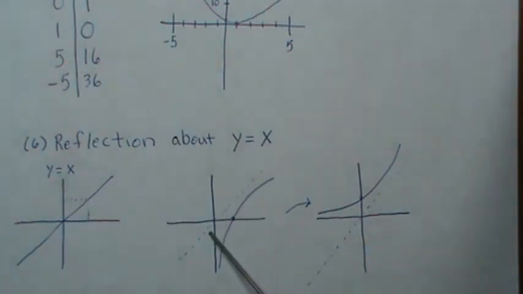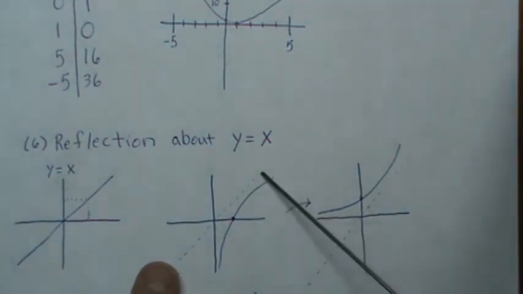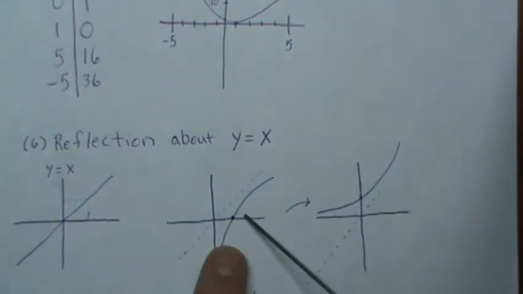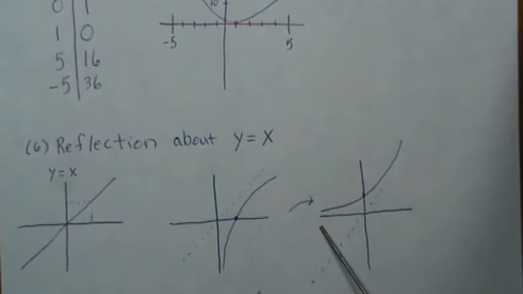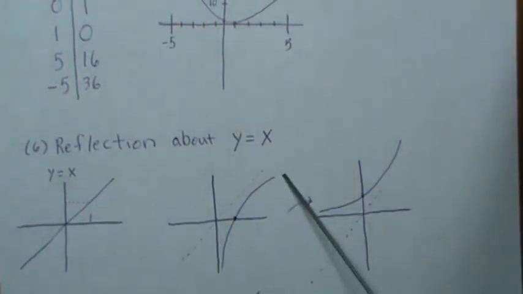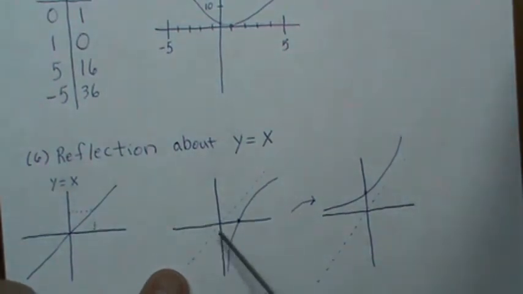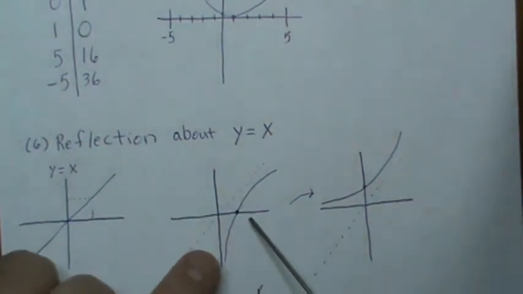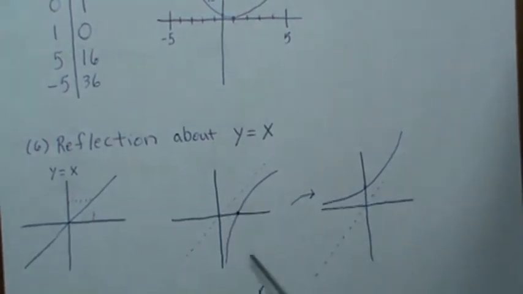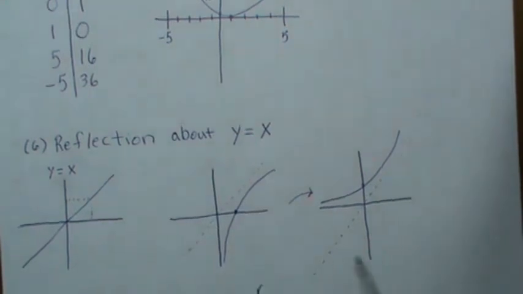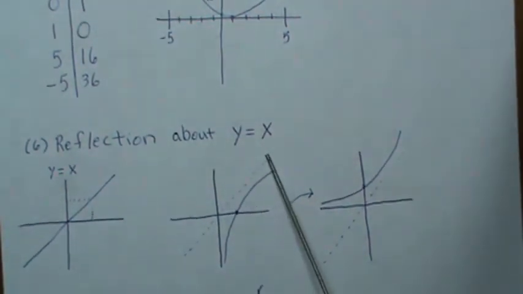If we put the dotted line at y equals x and we have a function, then if we take this as the center axis and flip it around, this piece gets mapped over there, which is what this function is. Notice that this, when it's rotated, gets mapped to there. This, when it's rotated, gets mapped to there. So the values here get mapped to here. Anyway, that's called a reflection about y equals x.